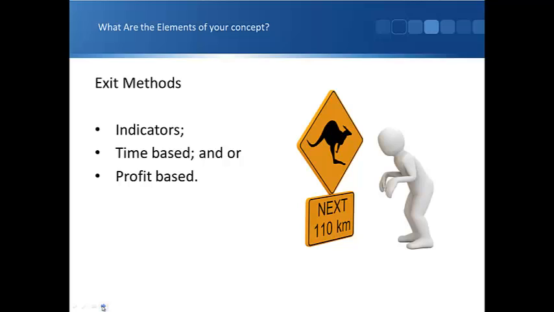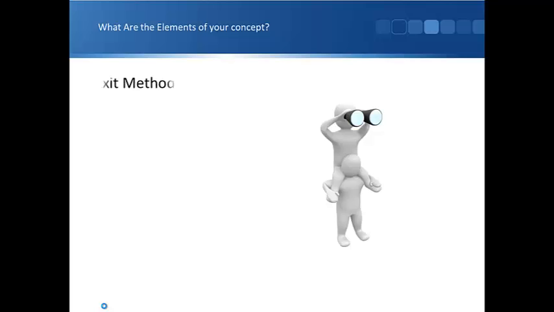It could be that you're not really too concerned about your entry, but your exit is based on what happens next in relation to the market volatility, or the timing, or the movement of the market. So both could definitely have a significant impact on your concept.